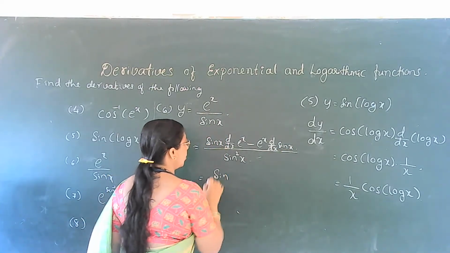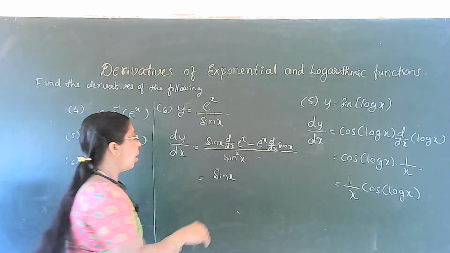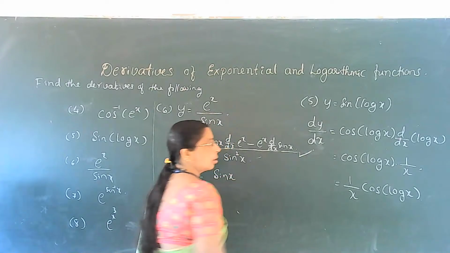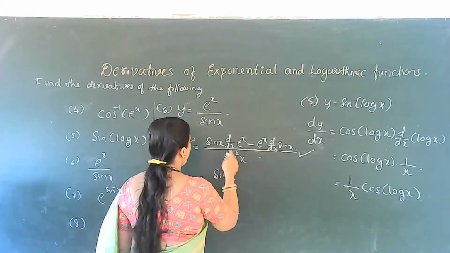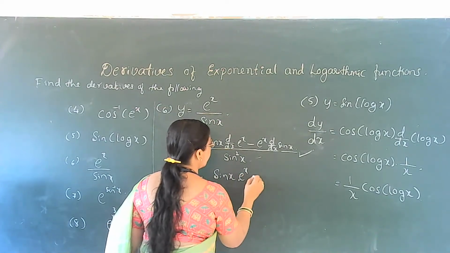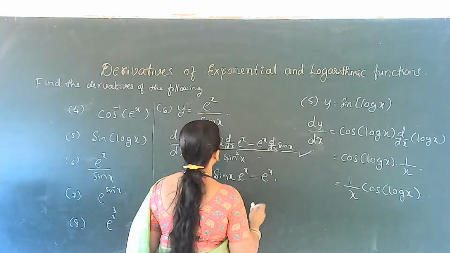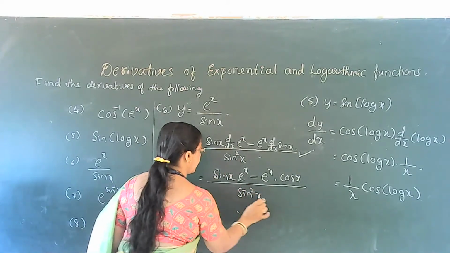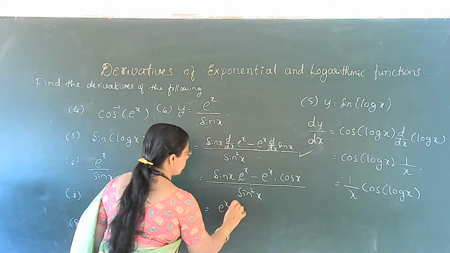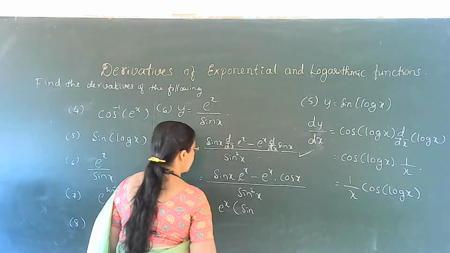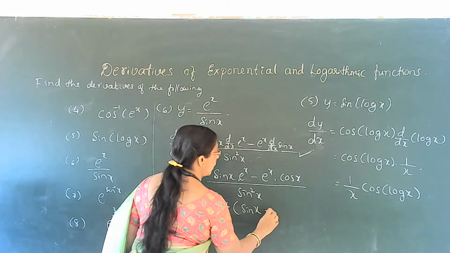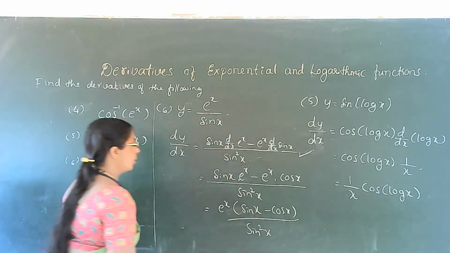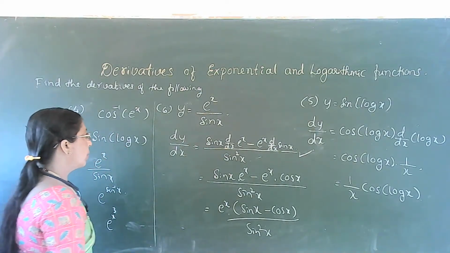I recall once again the u by v formula. You can skip this step. d by dx of e to the power x is e to the power x, minus e to the power x into derivative of sin x, which is cos x, divided by sin square x. e to the power x is common, then sin x minus cos x divided by sin square x is the derivative of the function.